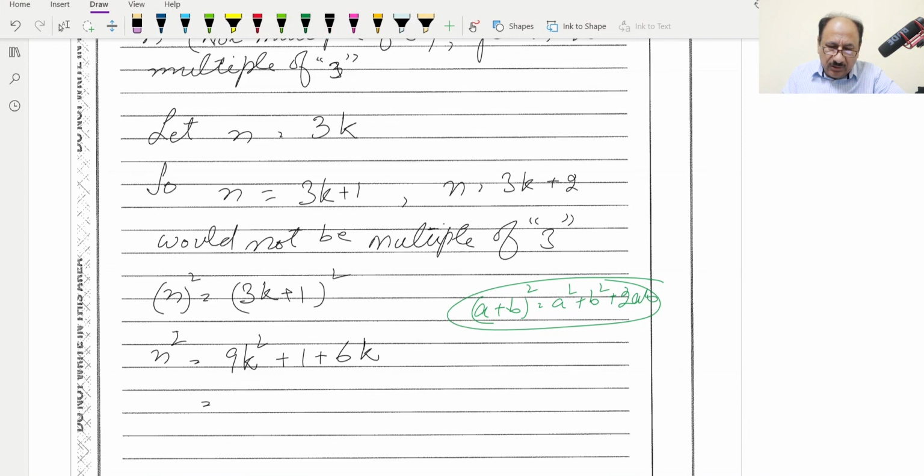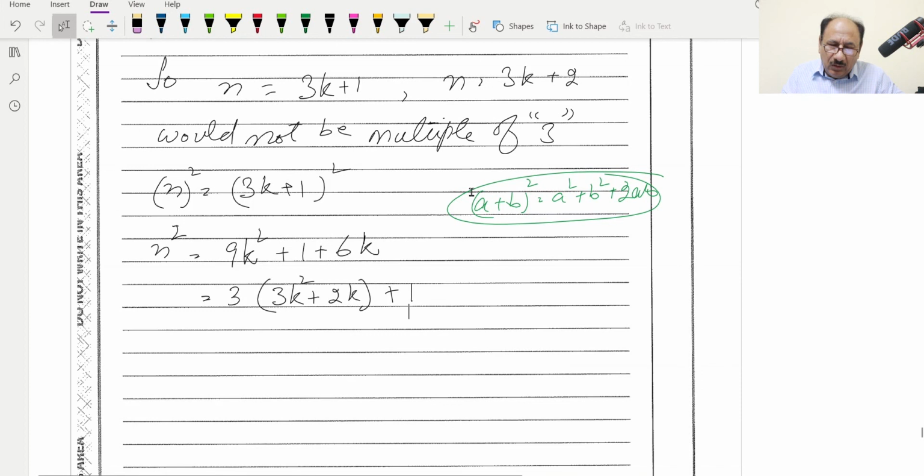We can take 3 common from these terms: 3 times 3k squared plus 2k, and plus 1. So we can see that this is not a multiple of 3, because this portion is a multiple of 3 and this is plus 1, so it is not a multiple of 3.